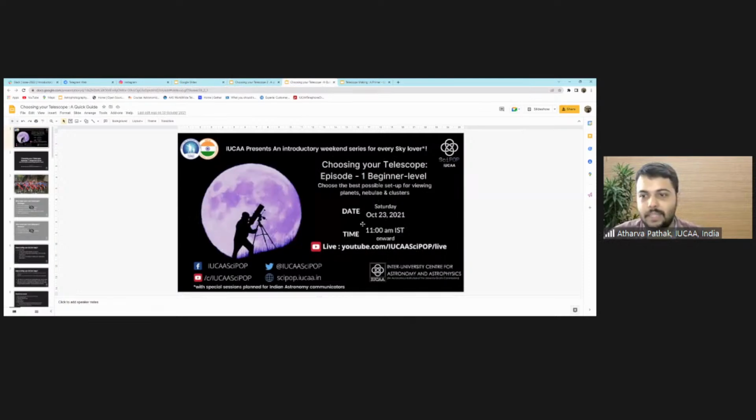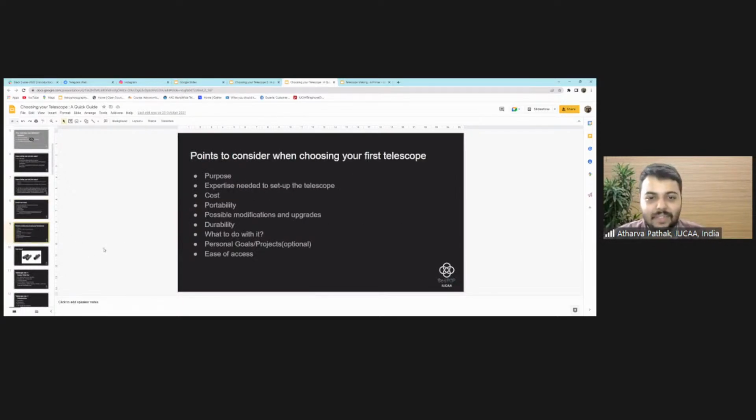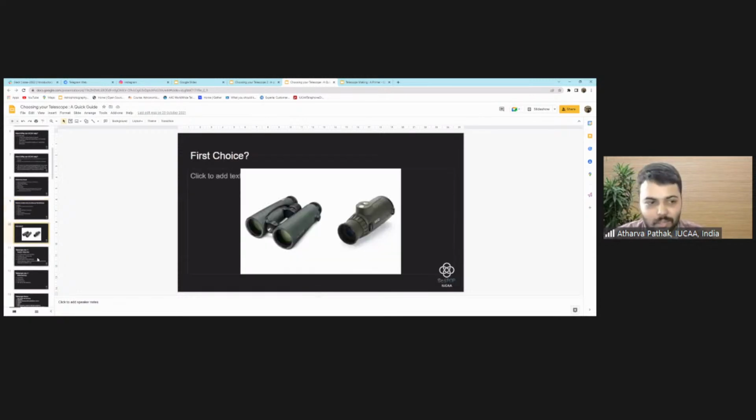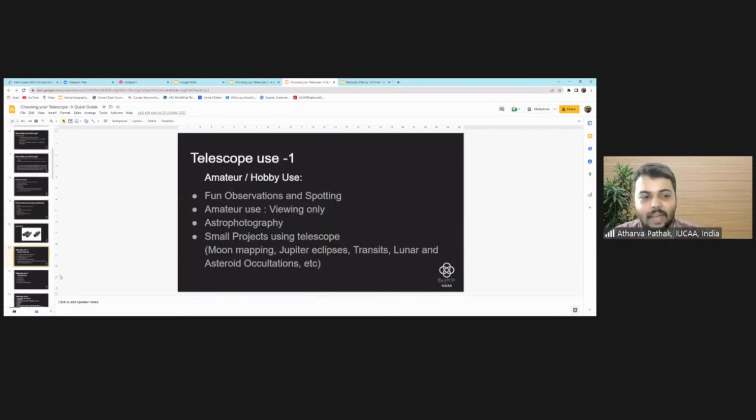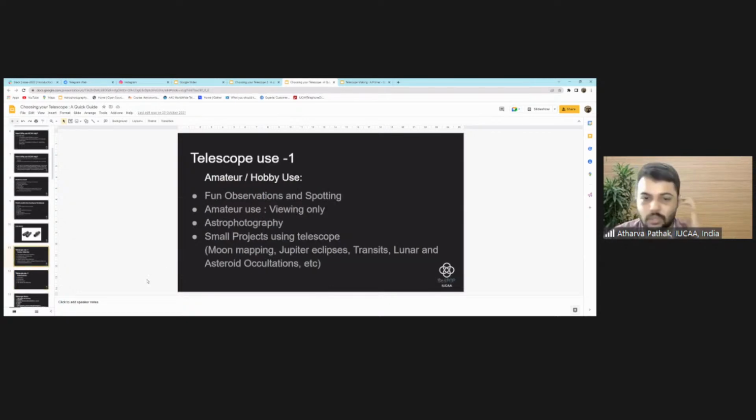The first is a basic or beginner level where you can choose your telescope for visual observations. And what all do you consider while choosing your telescope and your equipment, and what different purposes can you use your telescopes for? The basic important feature is that you can use it for fun observations and spotting.